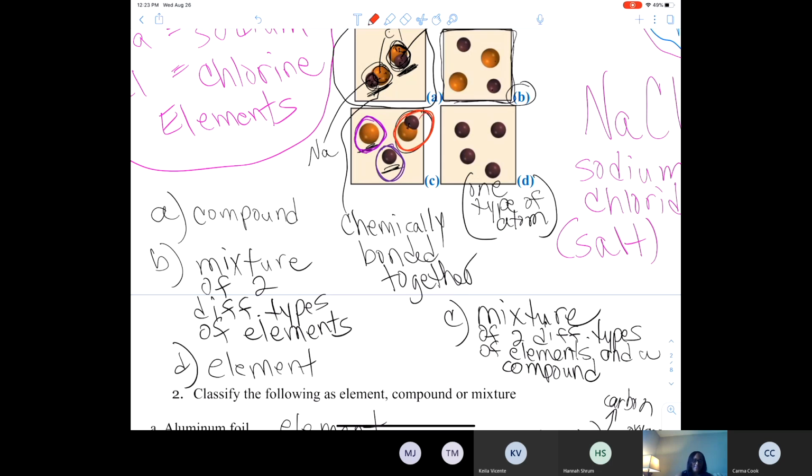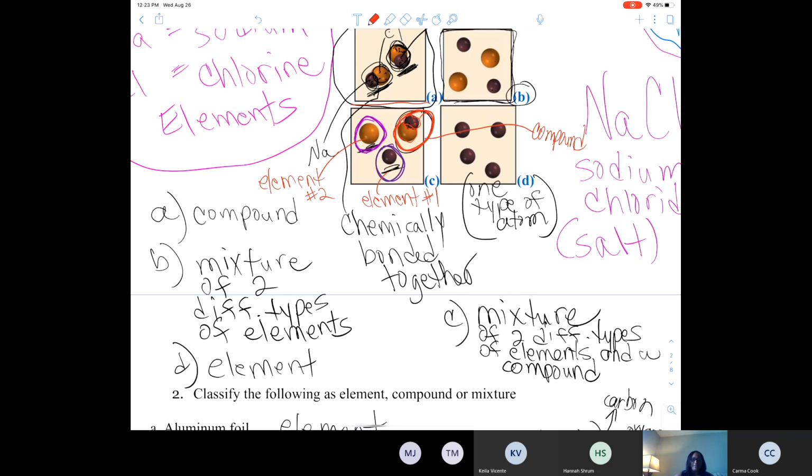Okay, so we can call this one element number 1. And then this would be element number 2. But also we have a compound, because we have this type of element, number 1, chemically bonded with and touching element number 2. So this is a compound.